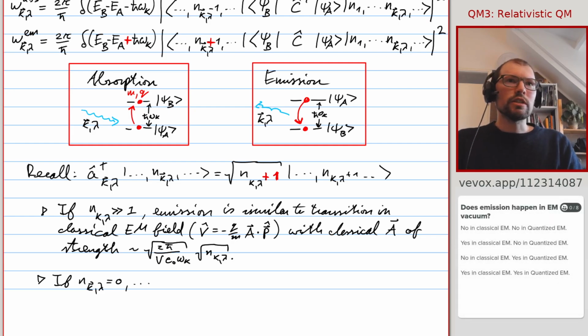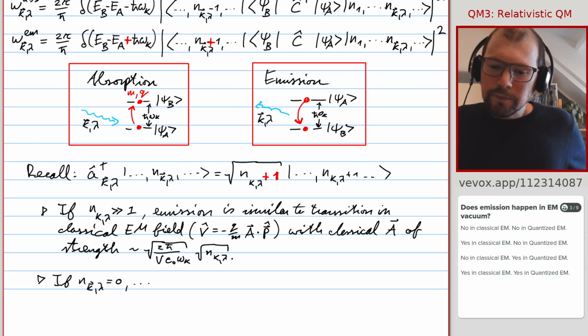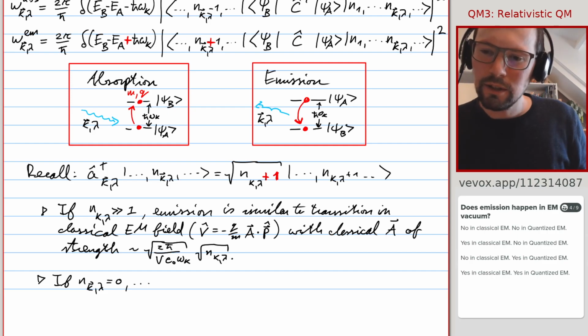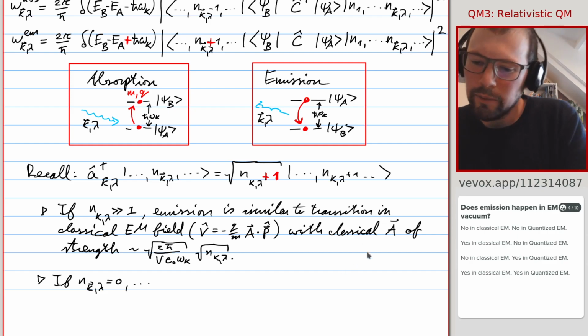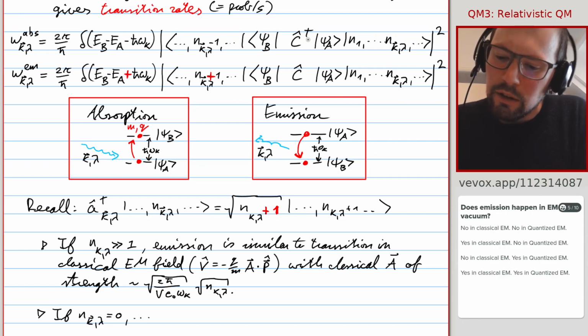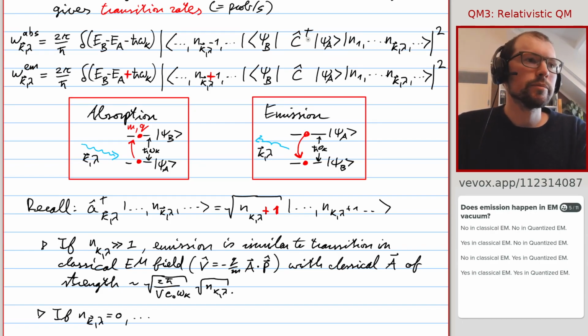So here really the question is, well, can emission still happen, both in the classical picture of electromagnetism and in the quantized picture of electromagnetism? What do you think? Or what can you establish based on the formulas that we have here?